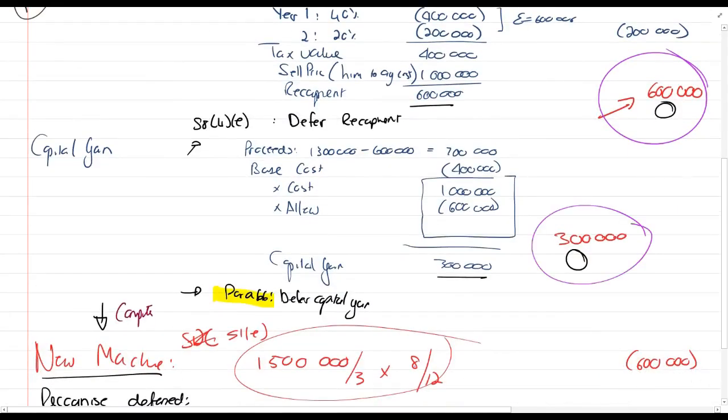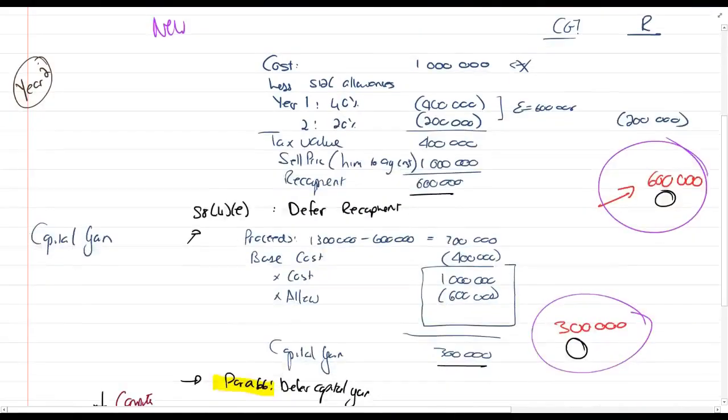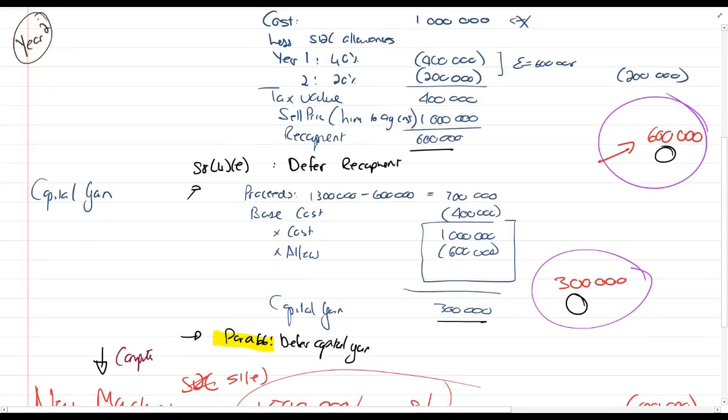Now, what is important here for you to understand is that my new asset, the one I bought here that cost 1.5 million, must cost 1.3 million rands or more. In other words, I must take my full 1.3 million rands and put it into the new asset.